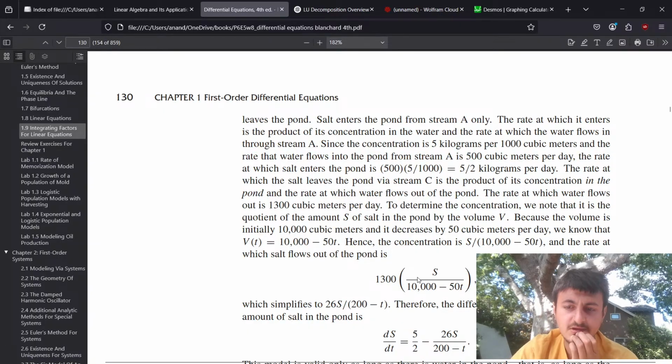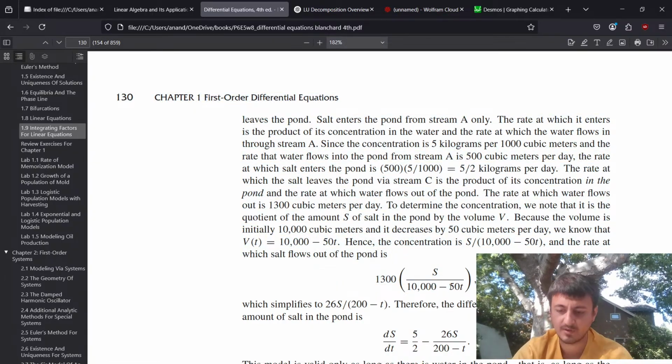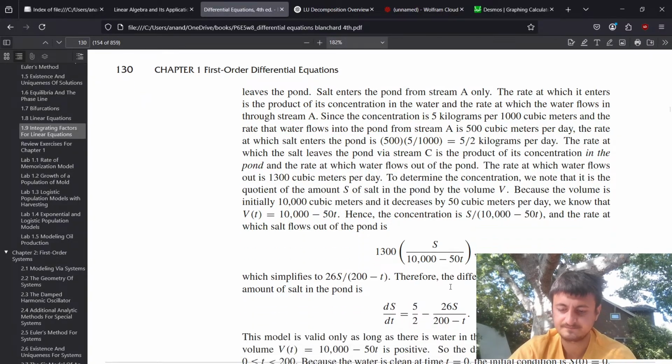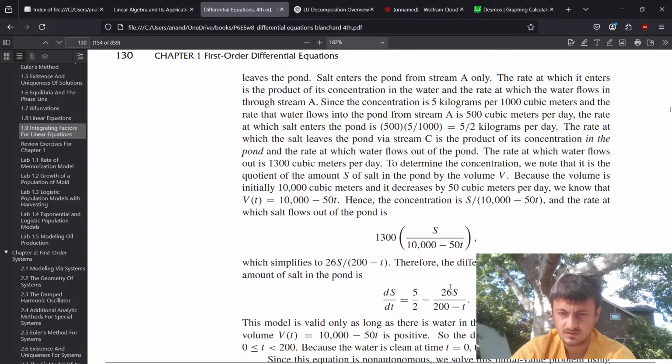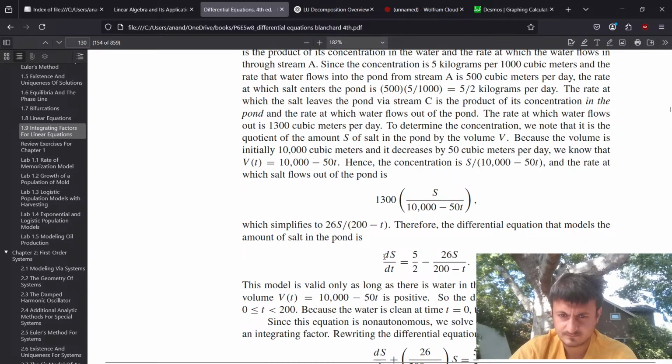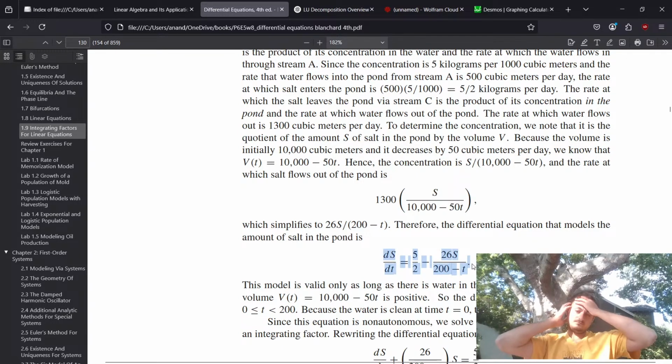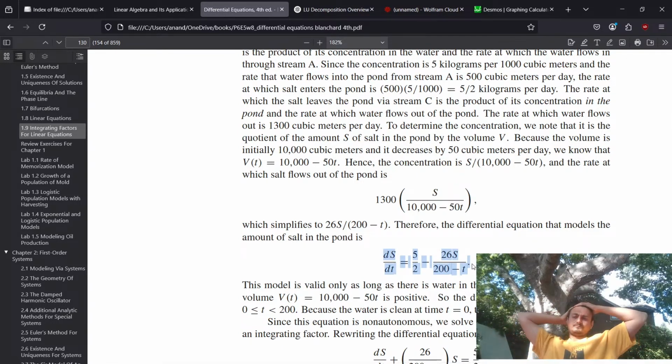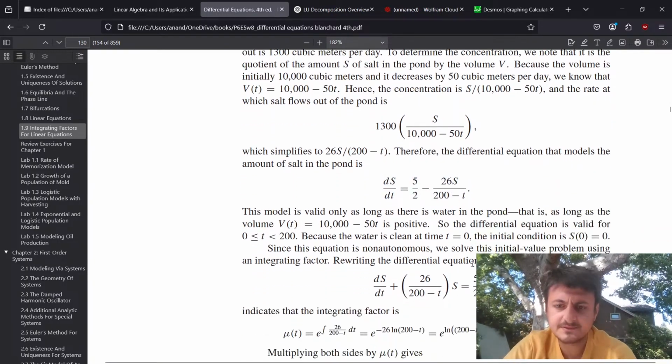So the outflow, and because for each day, 50 goes away. So at some point, this thing's going to be full of trash. Okay, so that's pretty simple.